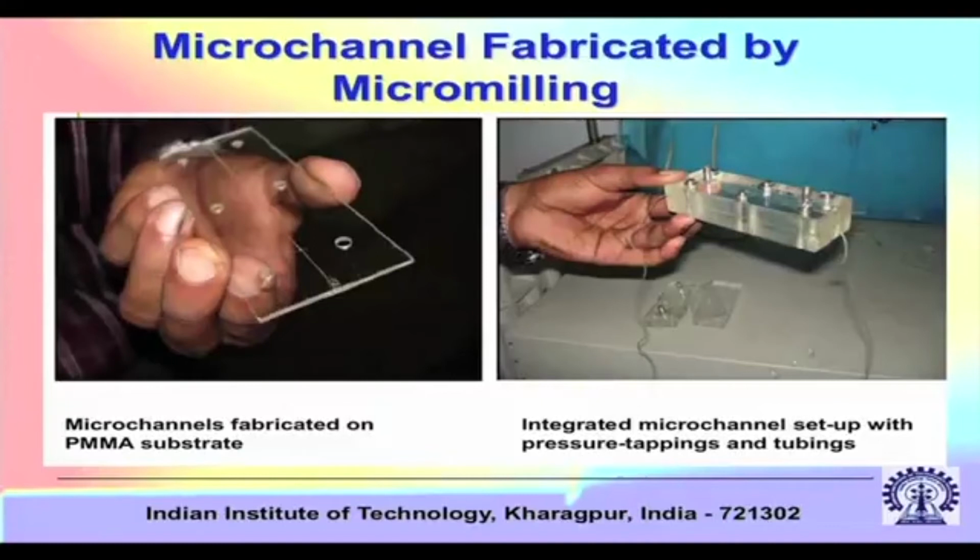Basically there are two blocks of PMMA. On one block one groove is made by micro milling, on another block another groove is made by micro milling, and they are just screwed together. So the two U-shaped grooves together form a micro channel.